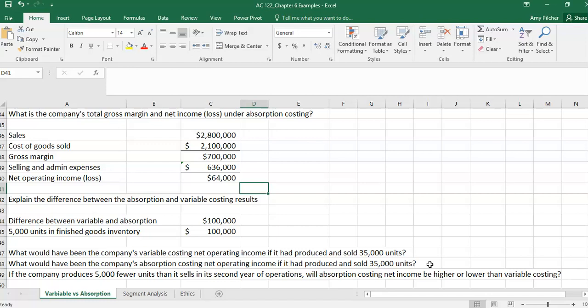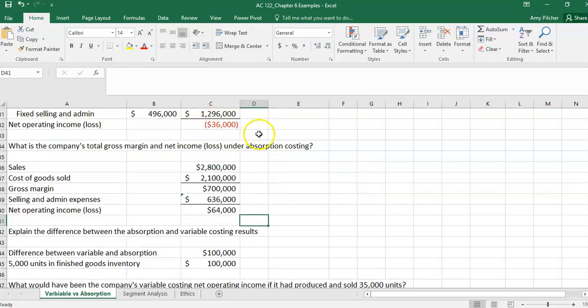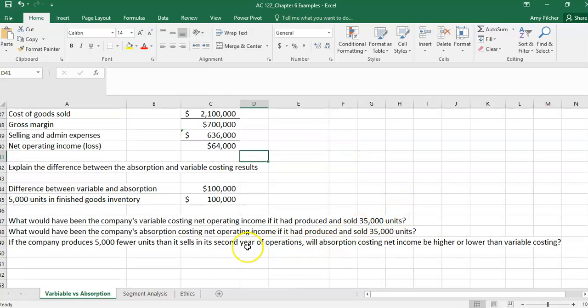So if we had produced and sold 35,000 units, then instead of this $64,000 income, we would have had a $36,000 loss because variable and absorption are exactly the same result if we produce and sell the same number of units. The changes only come from producing a different amount than we sell.